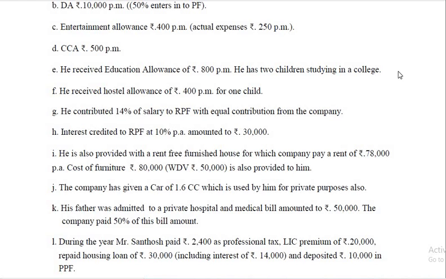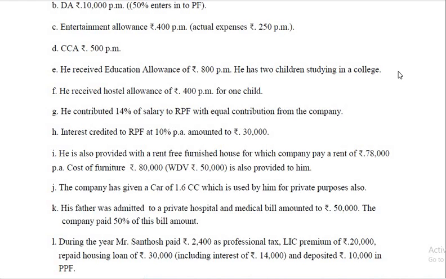The remaining amount is taxable. Exemption is 100 rupees per child for 12 months, but for a maximum of two children. The benefit is extended only for two children.